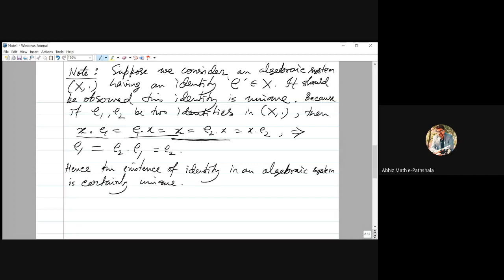You do not need to impose associativity on the algebraic system. Just consider any algebraic system, and if it has an identity, then this identity must be unique. Okay. So in a monoid, in particular, the identity is unique.